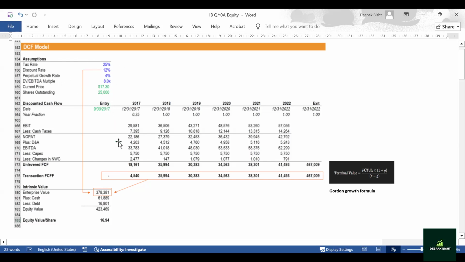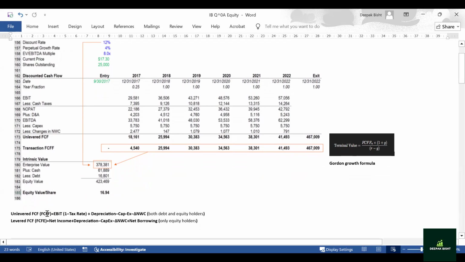So see what happens here. Unlevered free cash flow, if you remember, we talked about it. Unlevered free cash flow is the cash flow which is available to both debt and equity holders. We have talked about this, and the levered free cash flow is only available to equity holders.